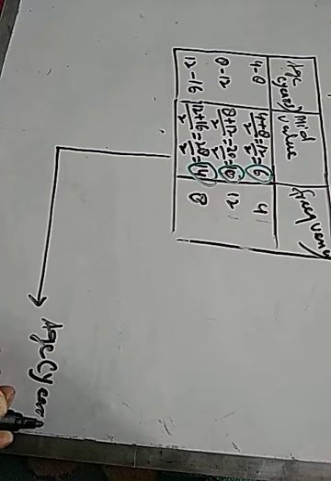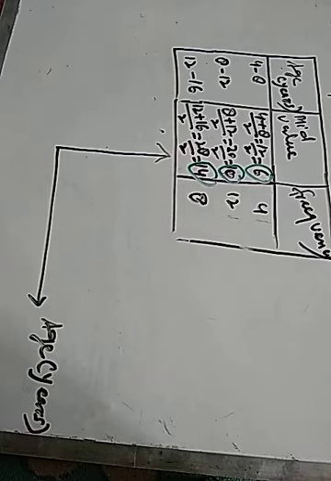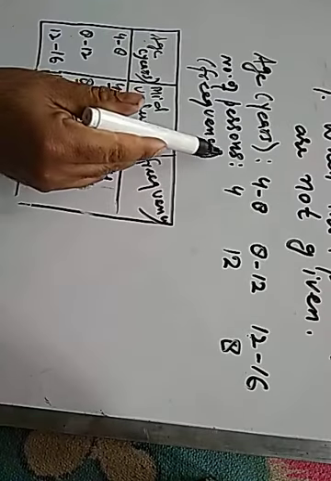Dear students, as you know, we take the value of variable on horizontal axis. The variable we have here is age in years. And on the vertical axis, we take the frequency of the variable, which is number of persons.